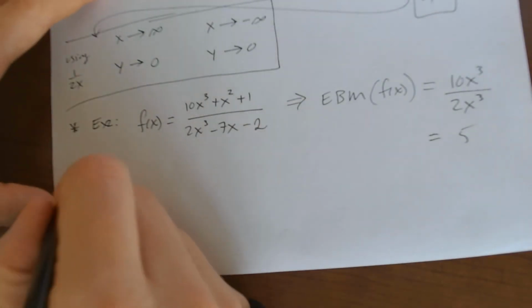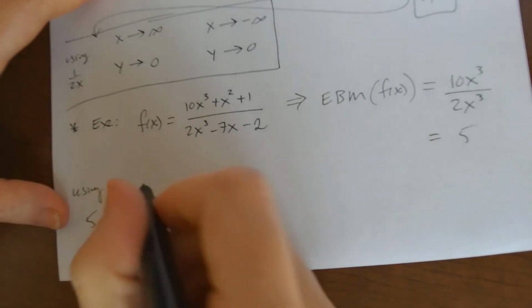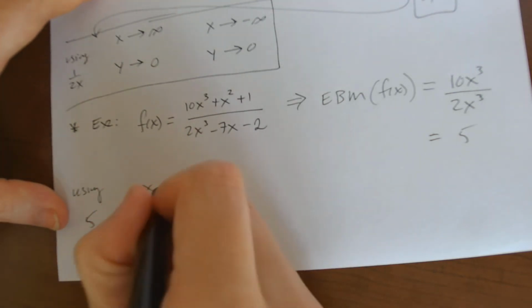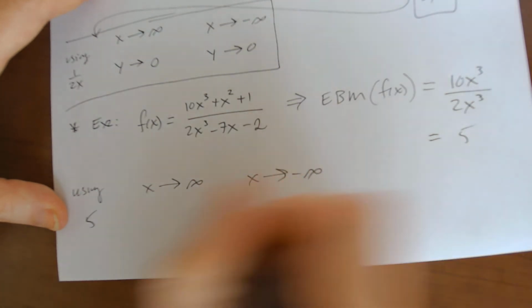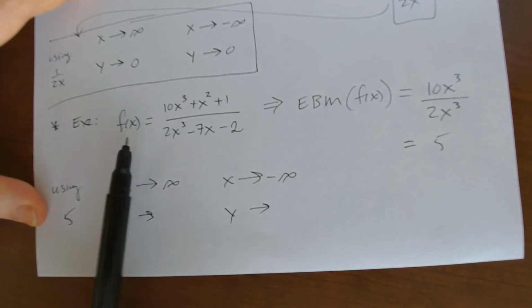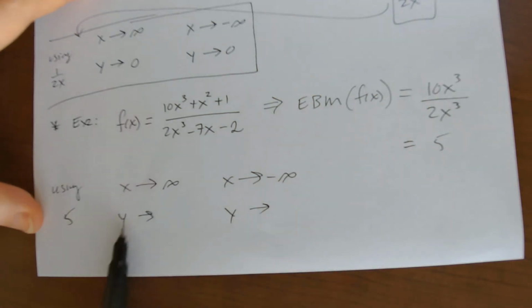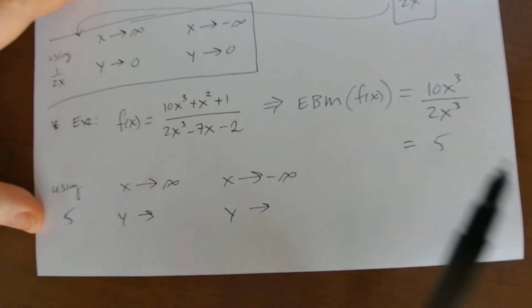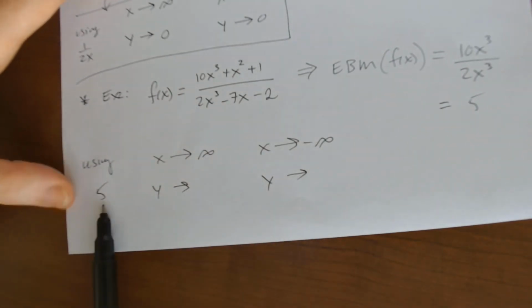So using 5 as our function model, as x approaches infinity and as x approaches negative infinity, the end behavior model of this function is a constant function. This actually means that this one will have a horizontal asymptote, but we could talk about that at another time.